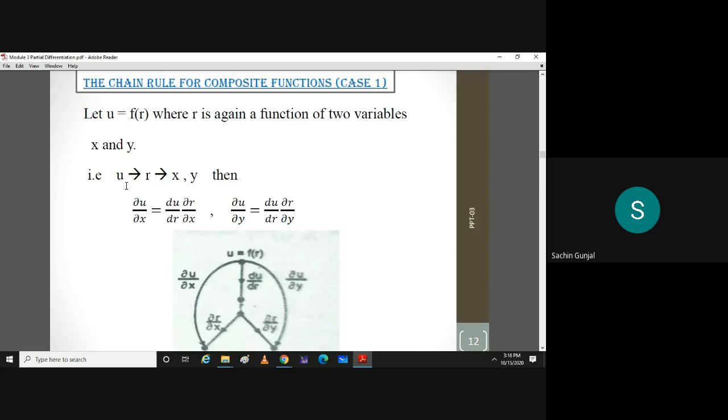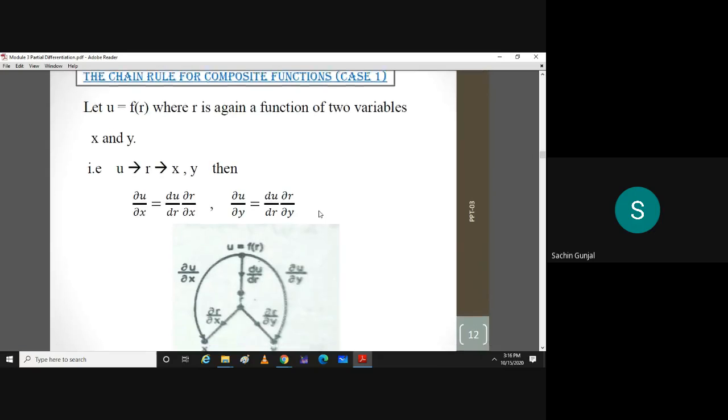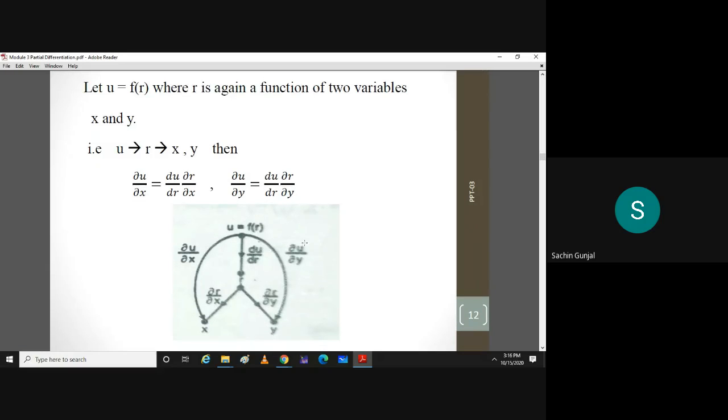Similarly, you can differentiate u with respect to y partially, and what is it? ∂u/∂y is equal to du/dr into ∂r/∂y. Okay, understood? So you can consider this tree diagram as well. So u is function of r and r is function of x, y.